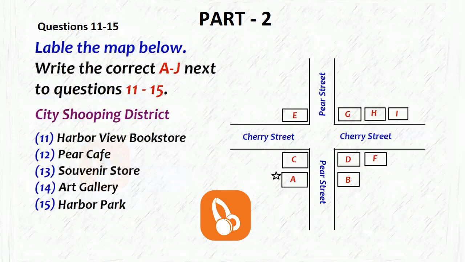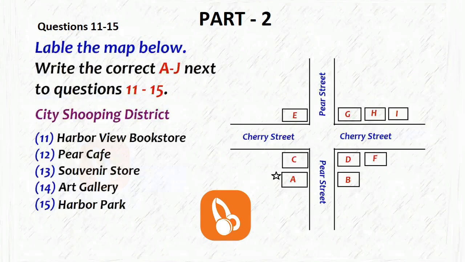Let's leave the cafe and cross Pear Street. On the opposite corner, we're at Caldwell's clothing store, which you might also want to visit. They sell both men's and women's fashions from countries around the world. Continuing down Cherry Street, the next building on the right after Caldwell's is the souvenir shop.